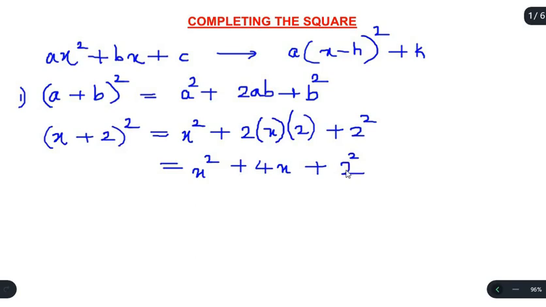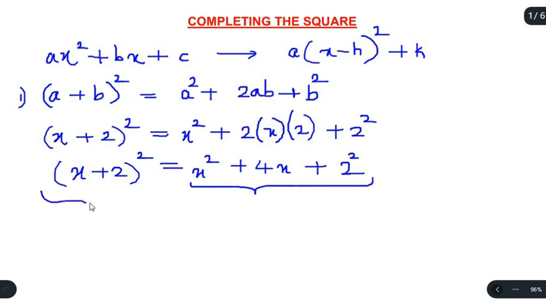I did not write it as 4 because I wanted to show you the relationship between this form and this form. As you can see, x squared is written as x. The sign of 4x, which is plus, is written here, and 2 squared is written as 2. And the entire thing is squared. This is the relation you have to know for the completing the square method. So if you understand this, half of the things will be easy.